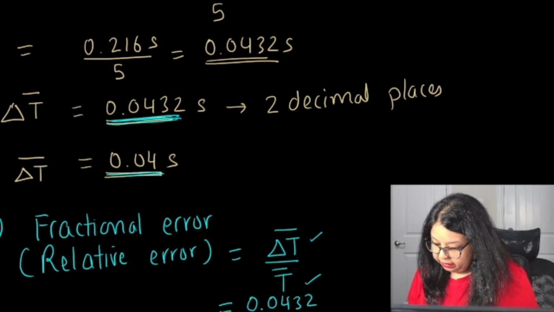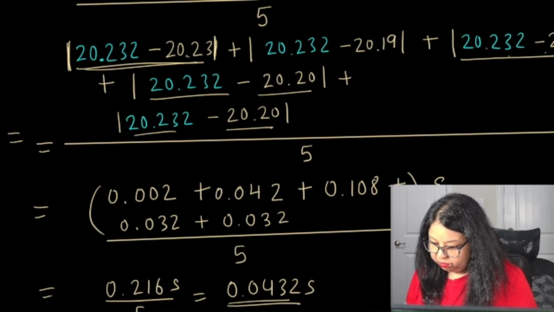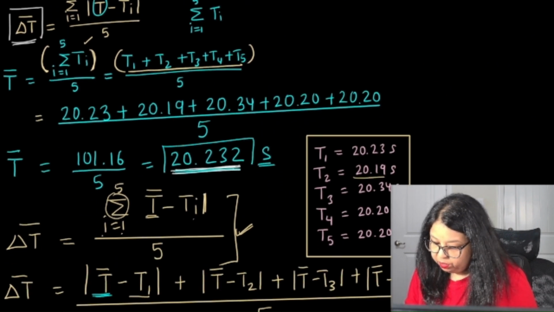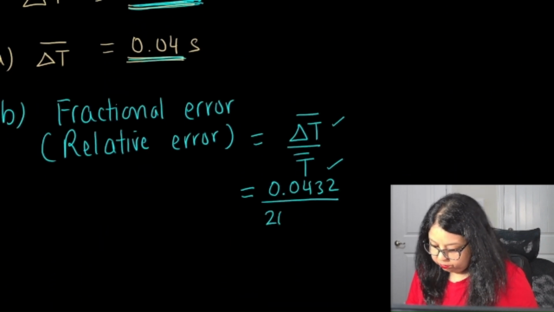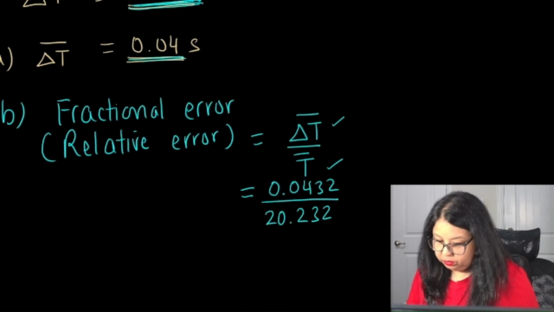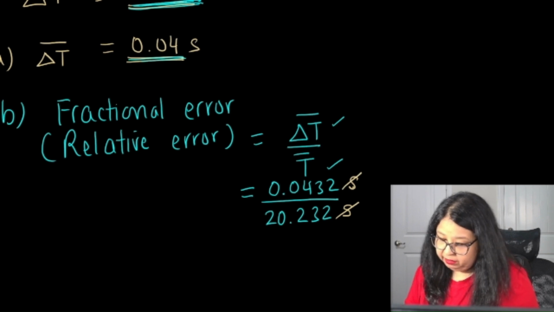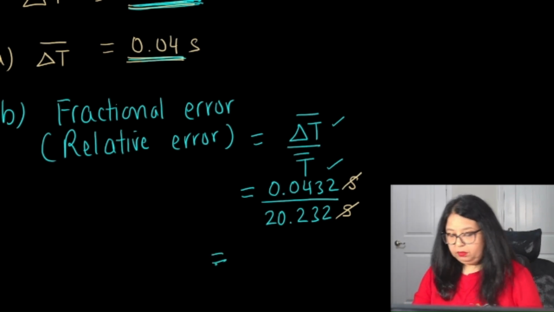0.0432 and the average value of time period, we solved it over here, 20.232. What are the units? Seconds at the top, seconds at the bottom. Seconds cancels out. What do we get?